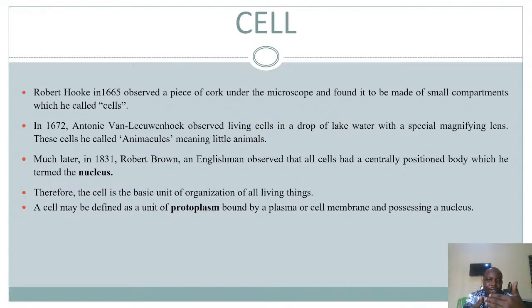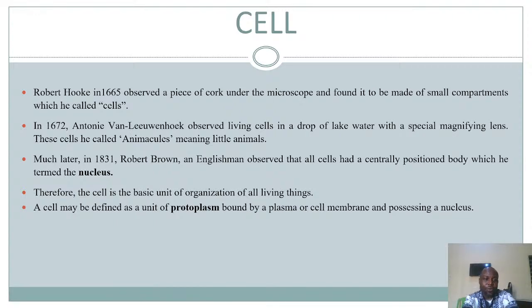As they developed these magnifying glasses, we're now able to begin to see some of those small organisms or small things and compartments and living things that we study today. And so Anthony van Leeuwenhoek was able to see little living cells in the water he was observing using his microscope. And because they are little, he called them animalcules, little animals.